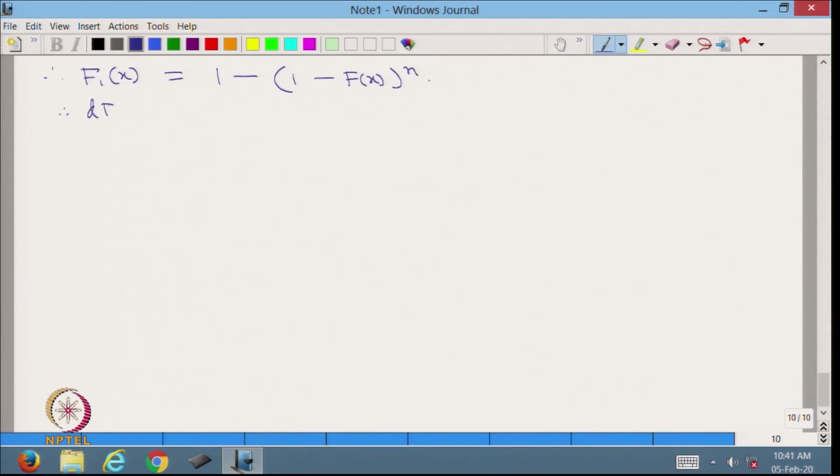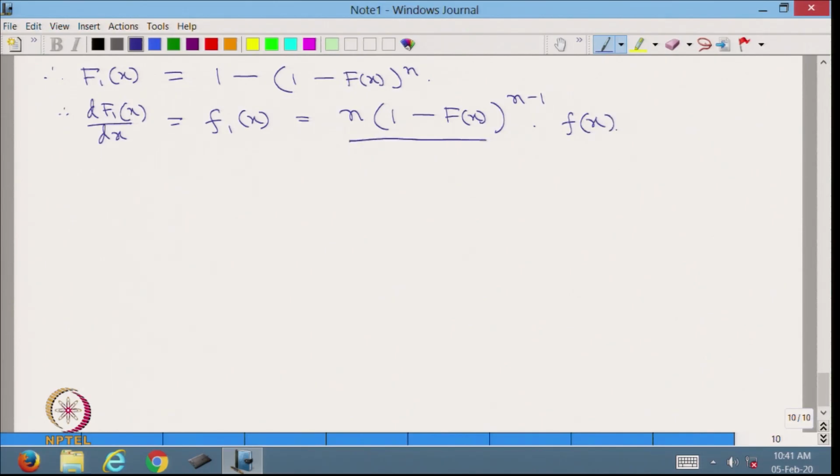Therefore, dF1(x)/dx, which is f1(x), is equal to n into (1 minus F(x)) whole to the power n minus 1 into small f(x), after differentiating with respect to x.